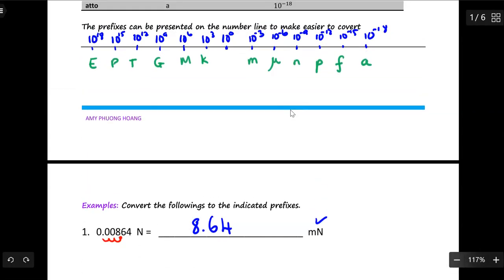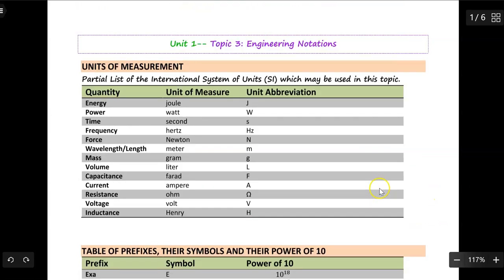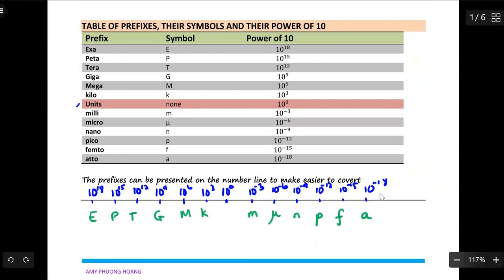From micro, I need to go to milli. Here is my micro. You know that the prefix is the symbol in front of your unit. So this is micro, and the small letter m is meter, and this is meter again, and the small letter m is milli. So you are going from micro to milli.